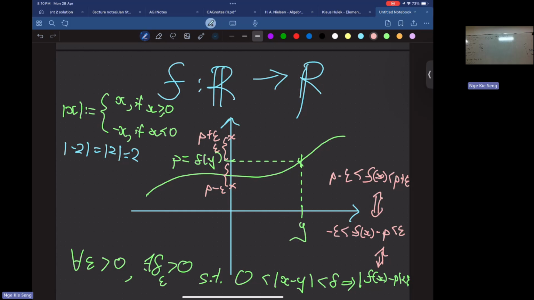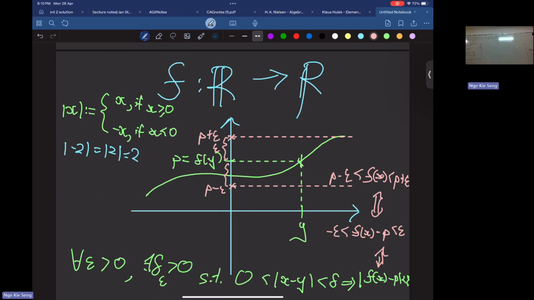Actually it's talking about this area here, p plus epsilon and p minus epsilon. We already see our goal. Our f(x) has to lie in between these lines here.